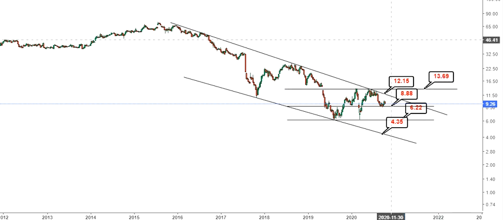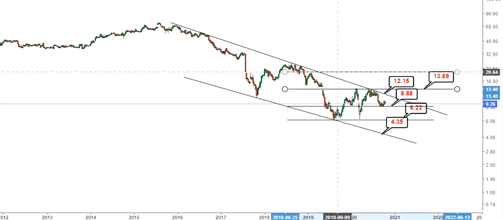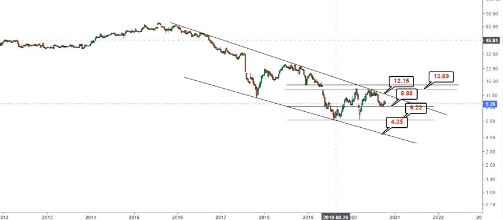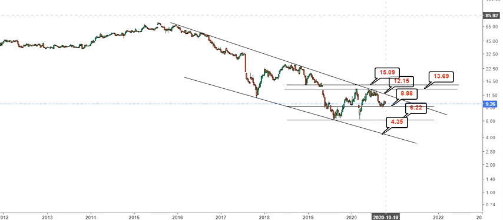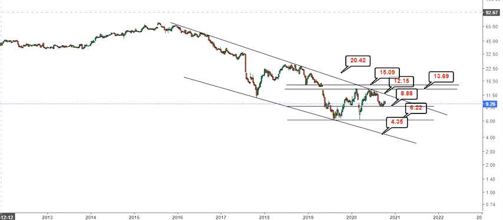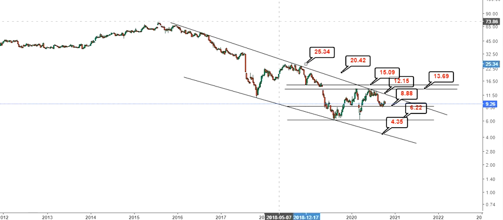A slight confirmation one will get at 13.6, and on the upside you have 15.9. These are the two levels which will give you a slight confirmation that if it sustains above $15, then probably it will move towards 20 and furthermore $25 on the upside.